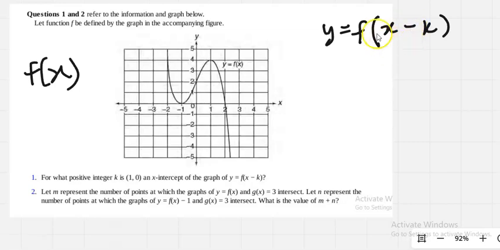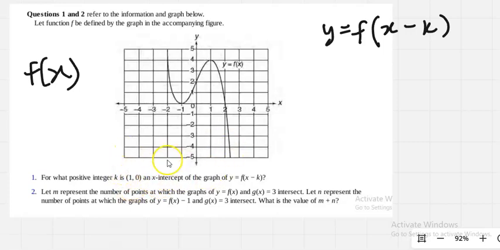For f of x to become f in bracket x minus k, that means the original graph is moved to the right. So the number of times you move to the right will give also the value of k. You understand that better when you study the topic reflections and translation of the graph.